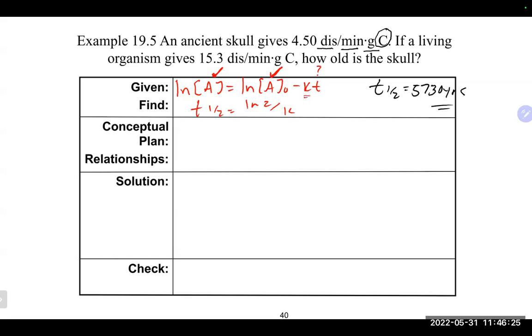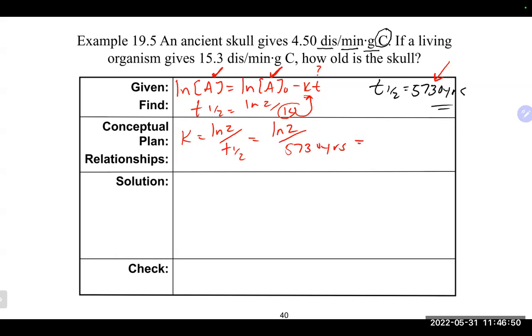So very common in these type of problems, we are missing the decay constant to do that. That is why we do have our half-life given to us. So we do want to find the decay constant so that we'll have the last thing that's missing there. So in this case, we will rearrange, and we see the decay constant is the natural log of 2 divided by the half-life. That gives me my natural log of 2 divided by 5730 years.